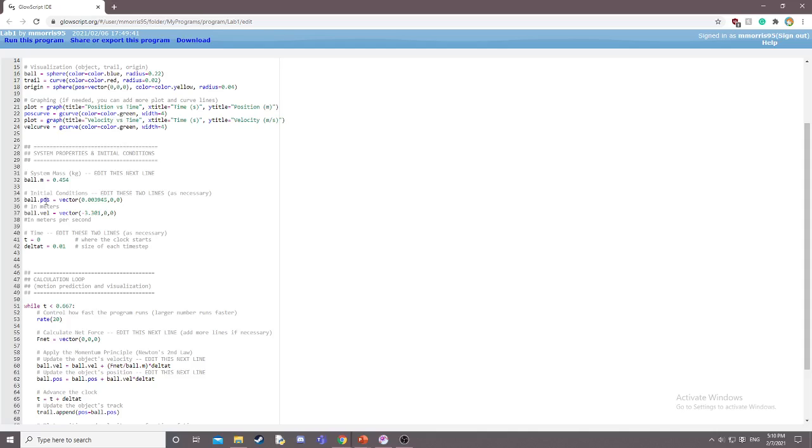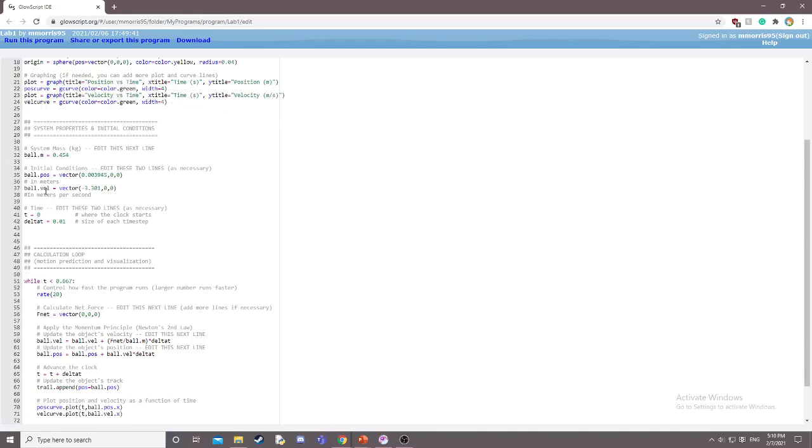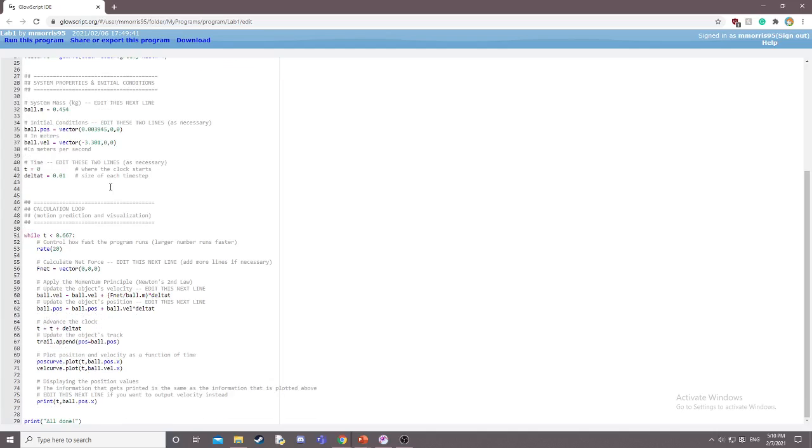I got the position vector from the data in Tracker. Similarly, I calculated the velocity vector using the data in Tracker, using the first two coordinates to get the velocity. I use those two points because I want the velocity to be very close to the instantaneous velocity. So using two data points that are very close to each other helps in that.